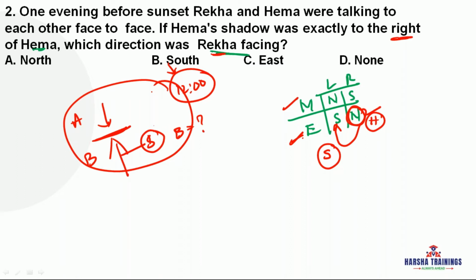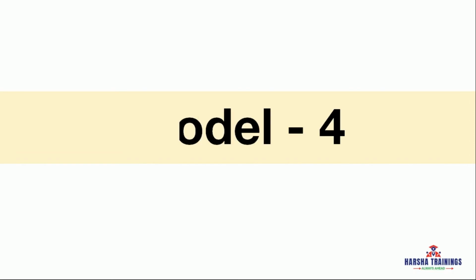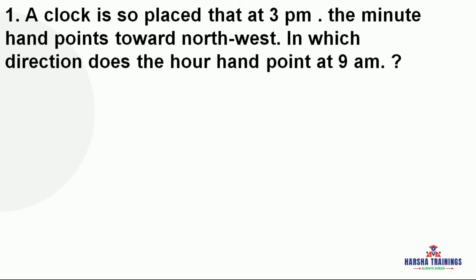Any doubts regarding this model? No. Okay, very good. Coming to model number 4, clock problems. A clock is so placed that at 3 p.m. the minute hand points towards northwest.